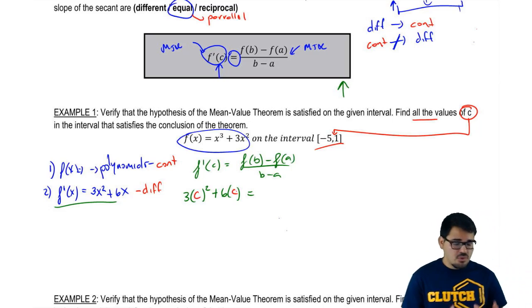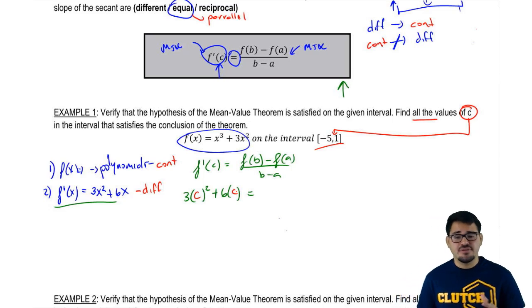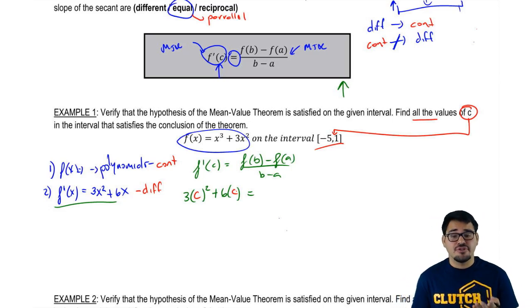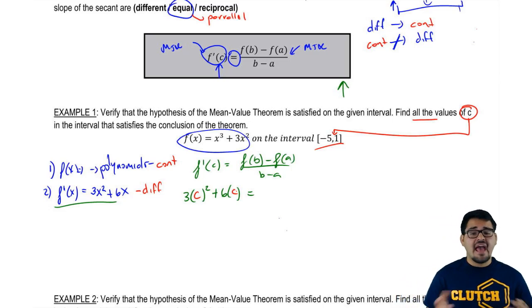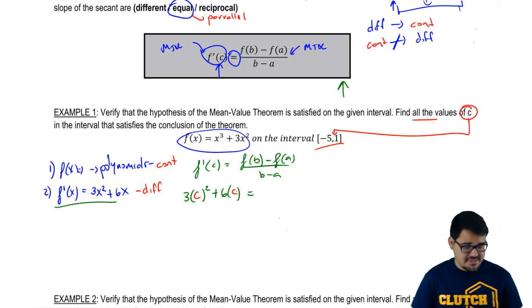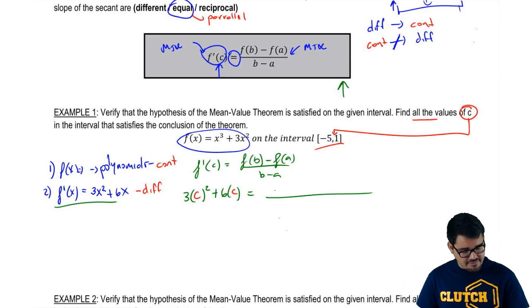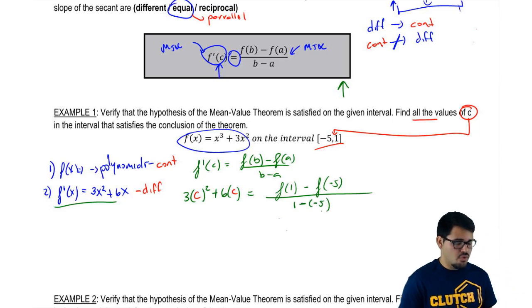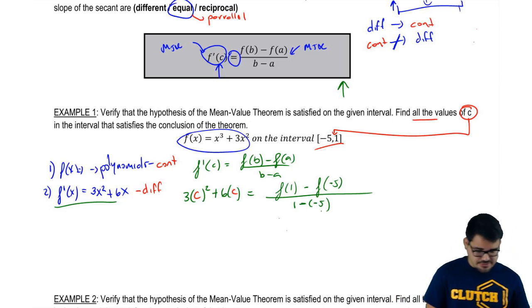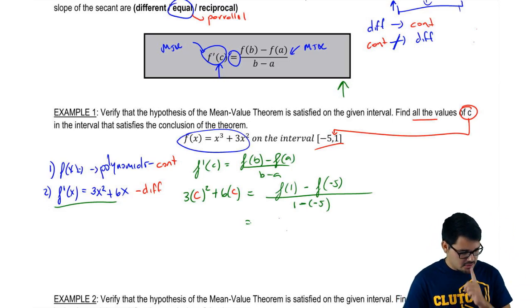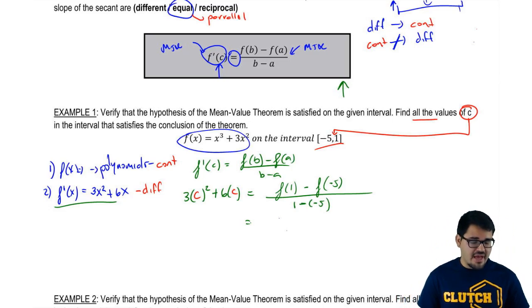Once I have found my f prime at c, by putting c into my derivative, which I already computed to check for differentiability, I'm going to find f of b minus f of a over b minus a. So that's going to be f of 1 minus f of -5 over 1 minus -5. First, I'm going to compute f of 1 and f of -5.